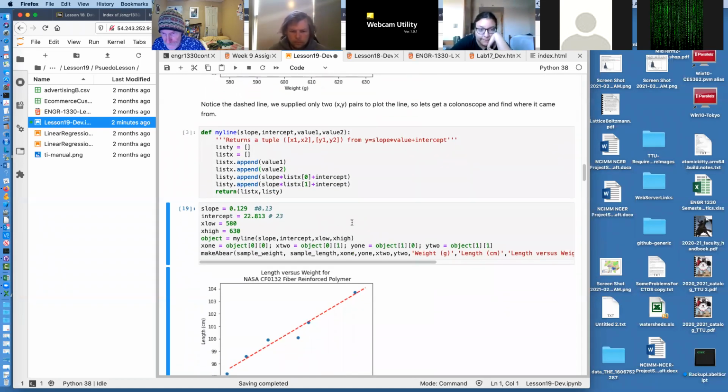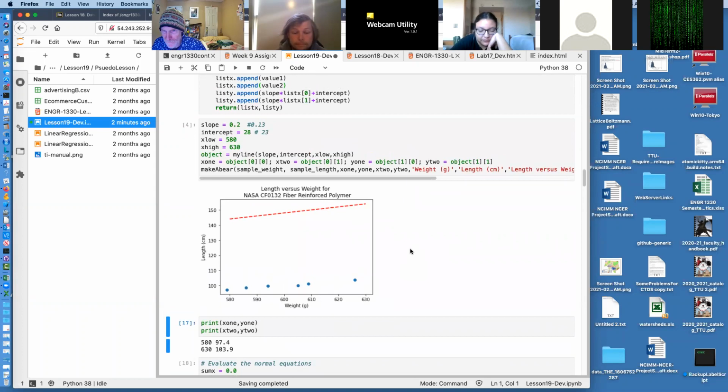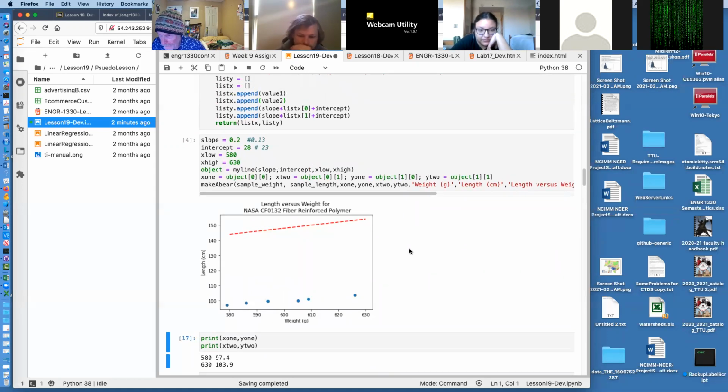And if we put in a slope of 0.129 and 22.83, actually let's jack with those a little bit. Let's say that's my first guess of slope and intercept. And I do that and go, wow, that's pretty terrible, right? The red dashed line and the blue dots, they plotted on the same chart, but that's about all you can say.